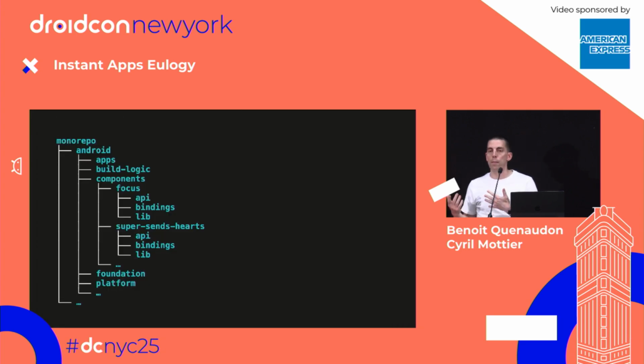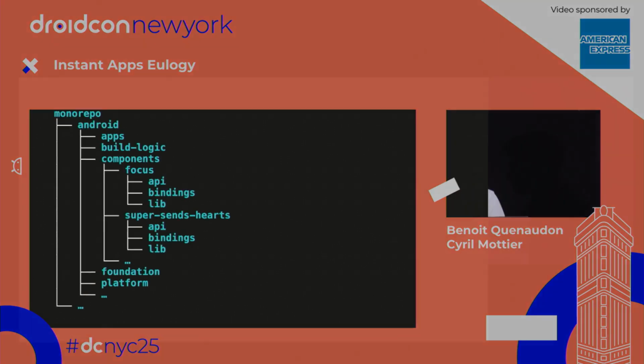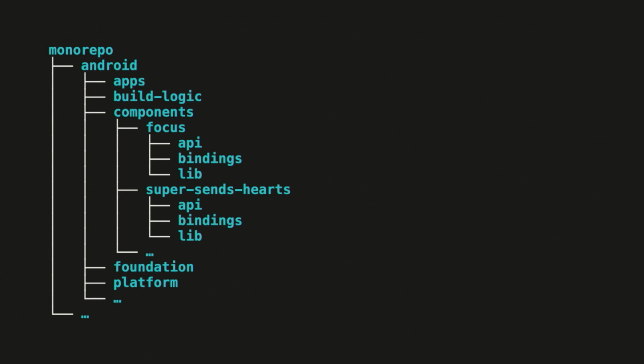We have a monorepo where you can find our Android source code, and the Android directory is split between three different categories: the apps, containing all of the apps; the components, which are basically the features of what could be the apps; and then foundation and platform.